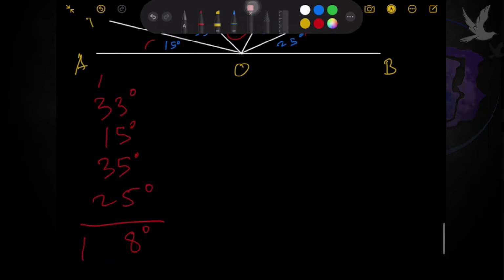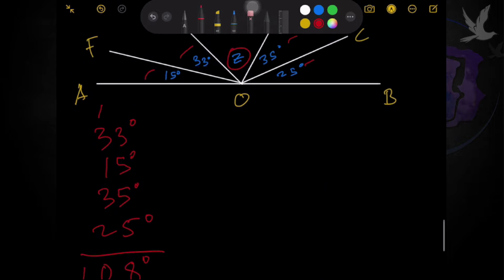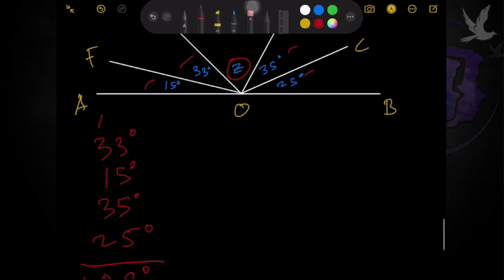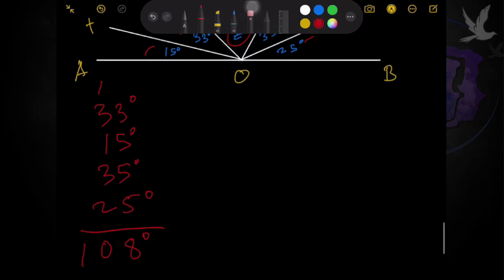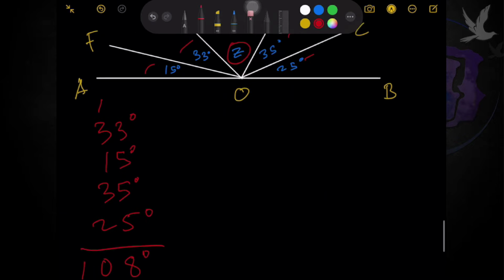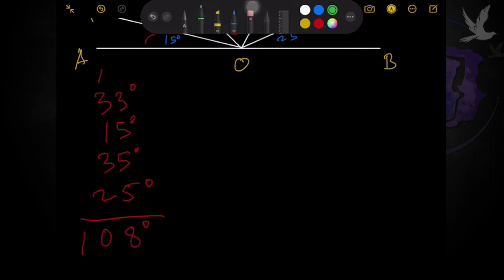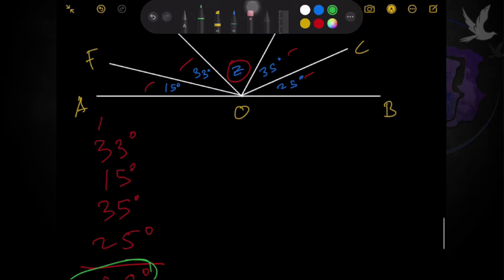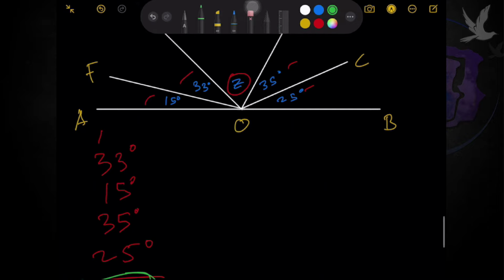It's just 10. Okay. Again. Okay, so it's 108. Now that you already have 108, of course, what you do now is just to take their total. You already know your total.